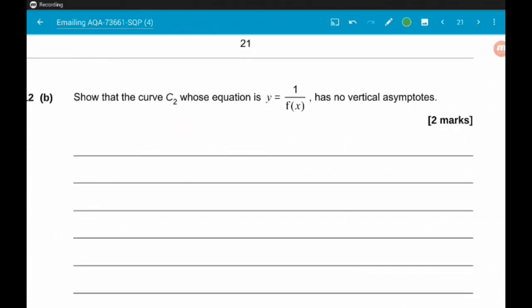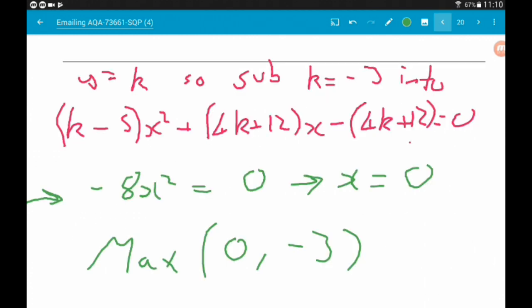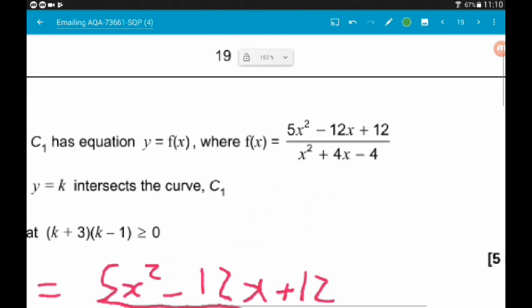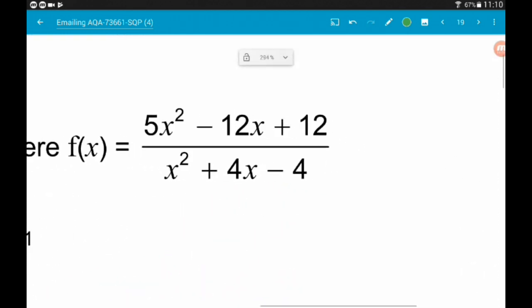Okay, then for 12 part B, we want to show that C2, which has equation 1 over f of x, has no vertical asymptotes. So 1 over f of x is 1 over this fraction.